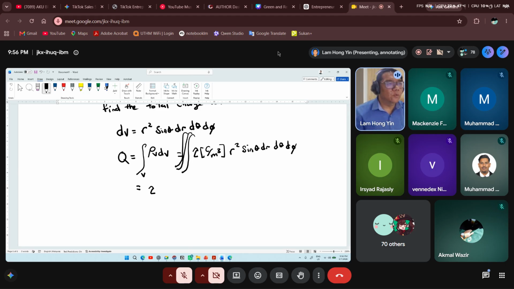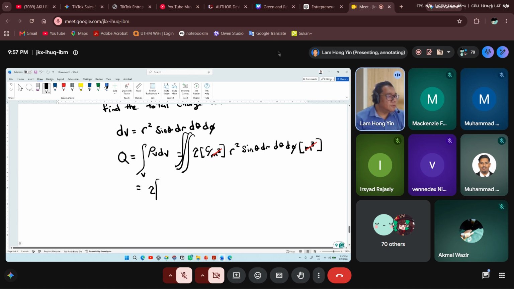Over here, the unit of the volume is meter cube, so the meter cube over here and the meter cube over here automatically cancel. Then you only have coulombs, which is the unit for the charge. All right, now you rearrange the formula properly.